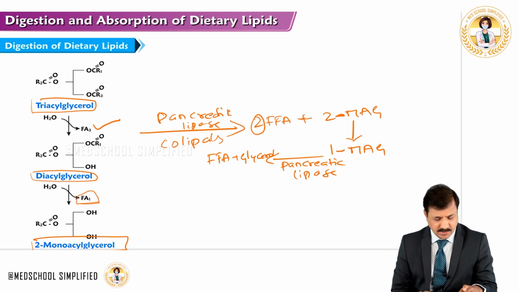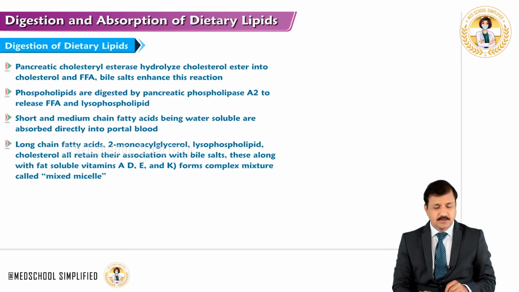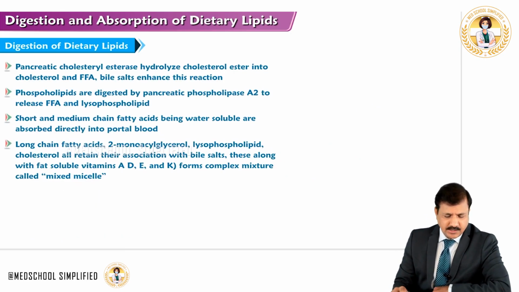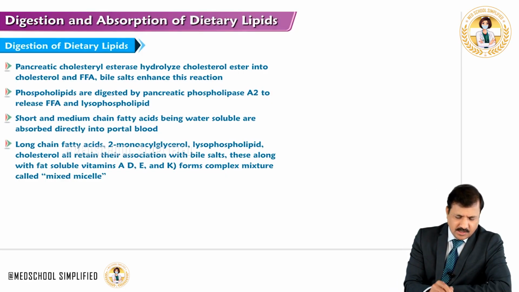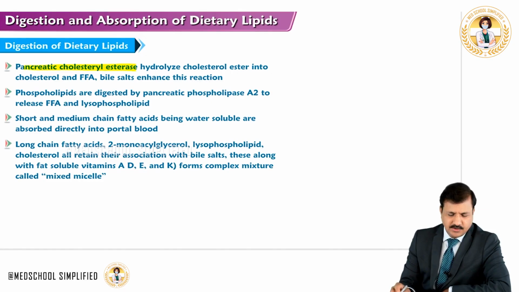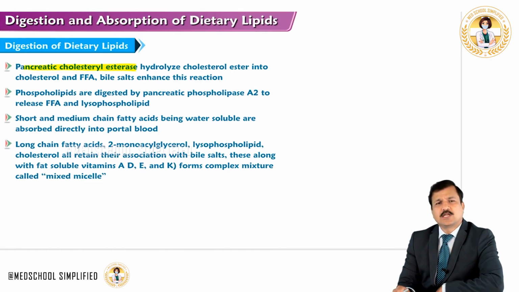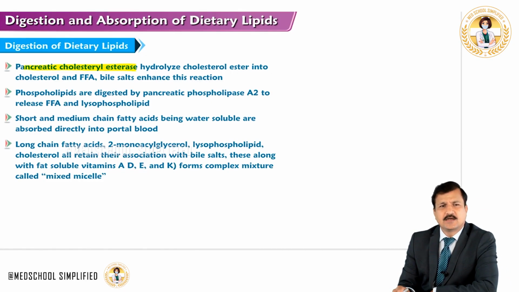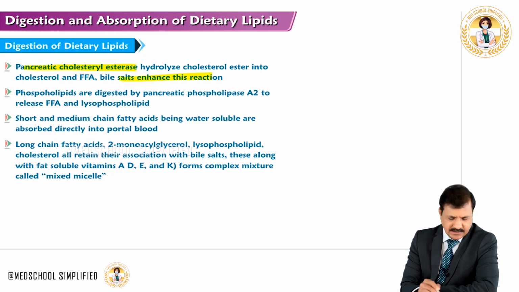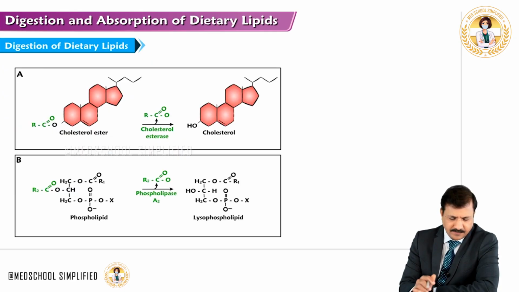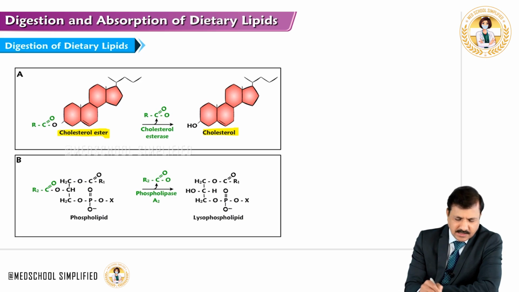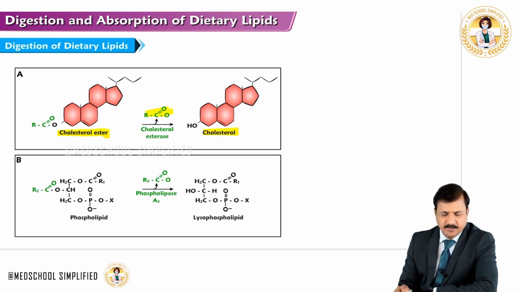Now, coming to the other pancreatic digestive enzymes, that is the pancreatic cholesterol esterase enzyme, which is going to hydrolyze a cholesterol ester and release a free fatty acid and a cholesterol molecule, and bile salts enhance this reaction. You can see that here in the figure. Cholesterol ester is converted into cholesterol, and a fatty acid is released, done by pancreatic cholesterol esterase.